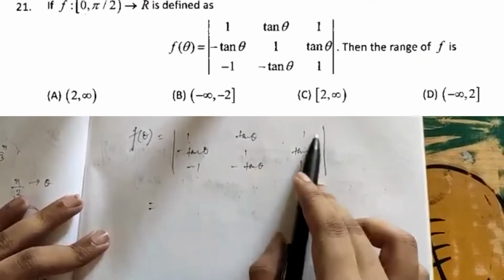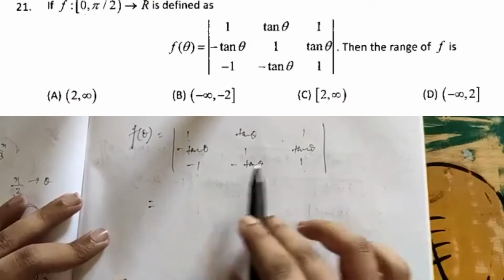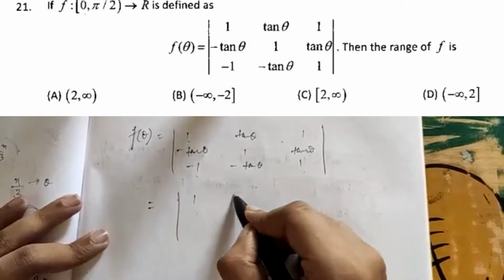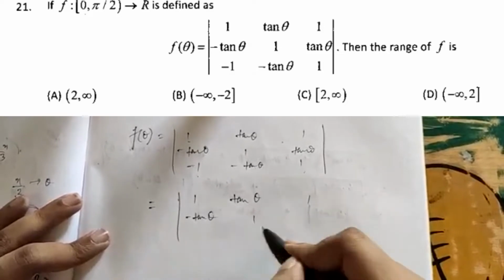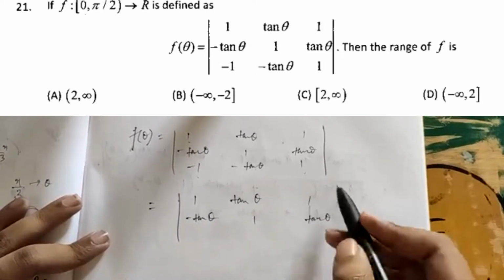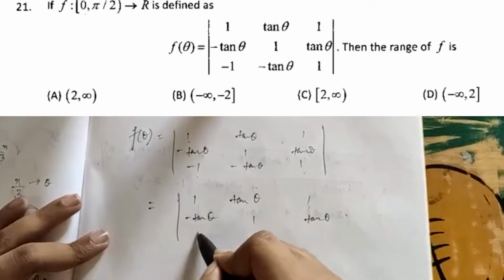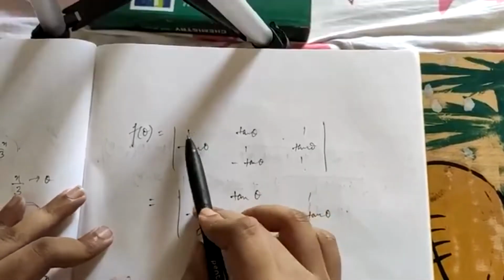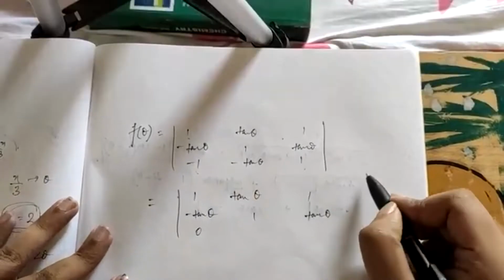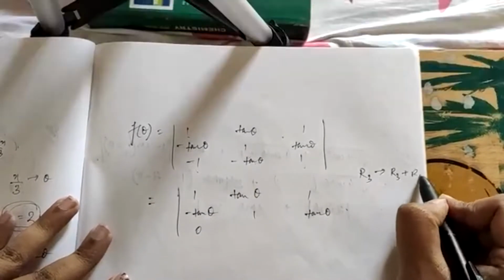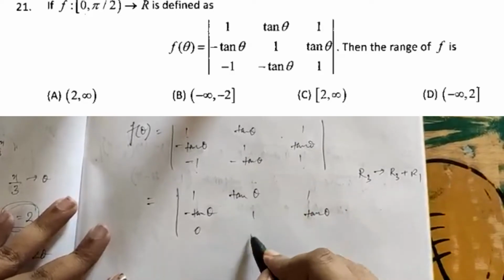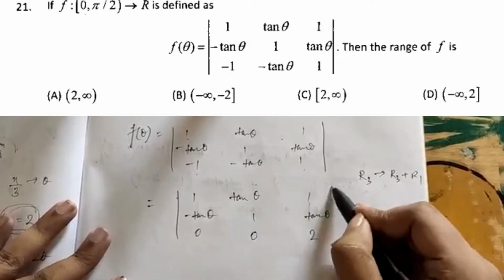If I subtract row 1 from row 2... sorry, I am adding row 1, that means row 3 changes to row 3 plus row 1. So it will become 0, 0, and 2.